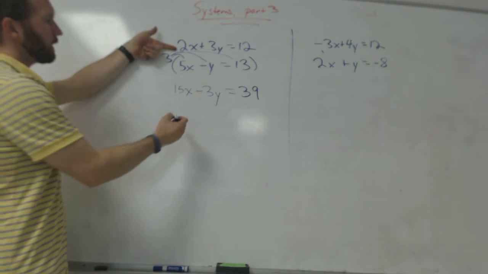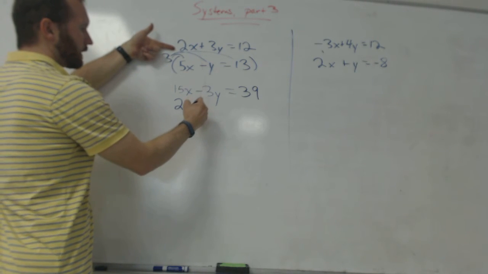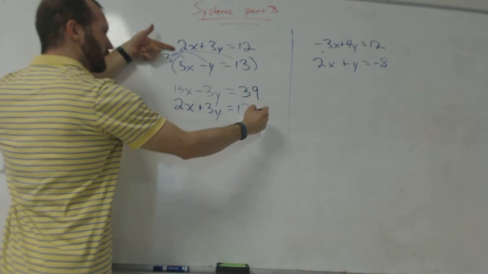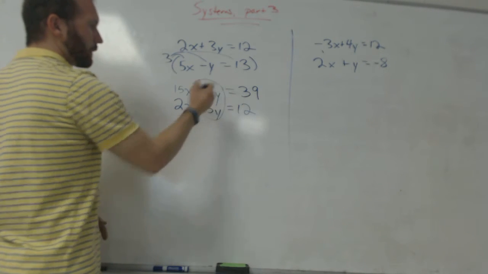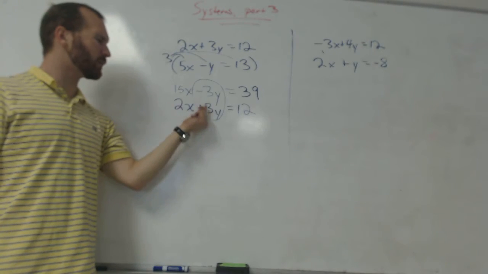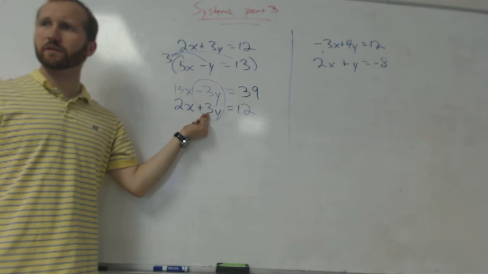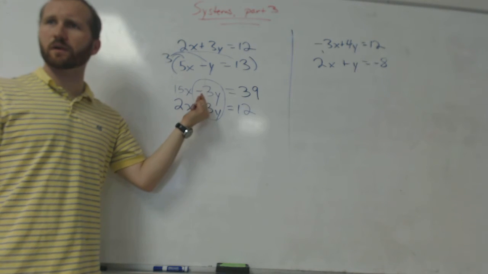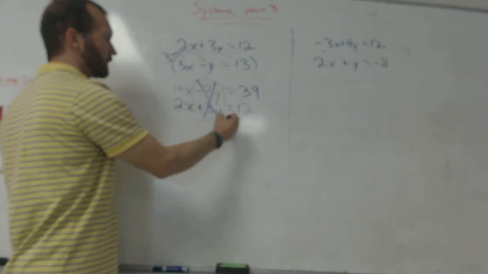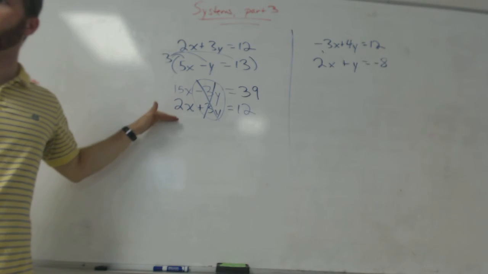Now, if I rewrite the top equation right underneath that, do you see that these y's are going to drop out? These y's have the same number but opposite signs for their coefficients. They have additive inverse coefficients. That's exactly what I want to happen. So you're going to finish that one for homework.